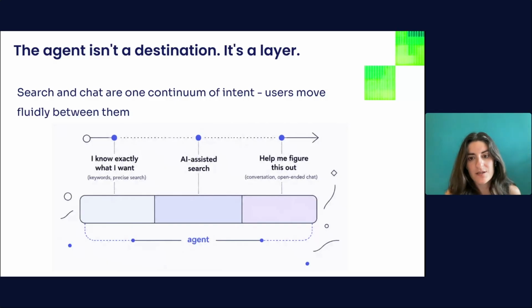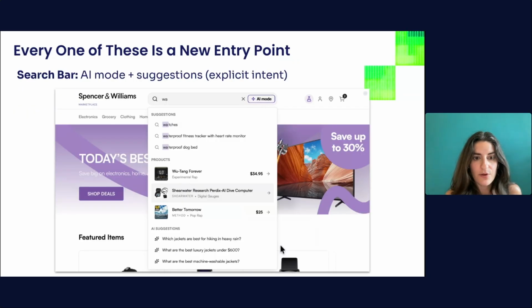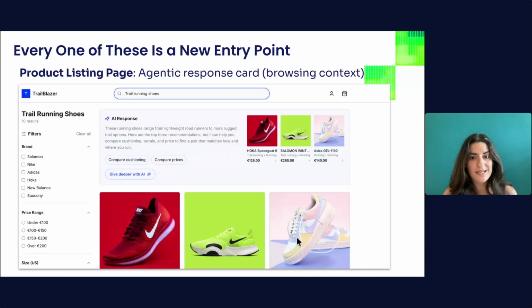Which brings me back to entry points. So if the agent is a layer, then every place where someone shows you what they want becomes a way in. The search bar was just the first one. We're now building the same idea into the rest of the journey. So let me show you the 3 that are coming. First is the product listing page, the PLP.